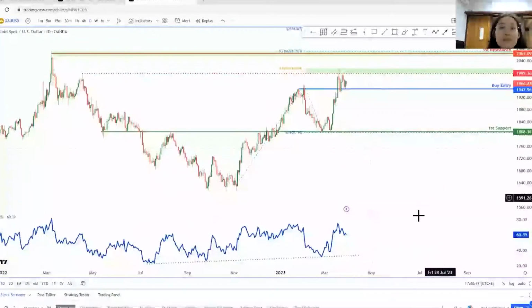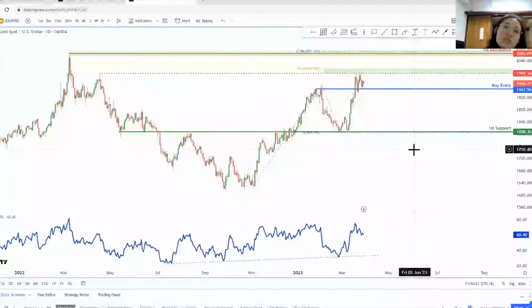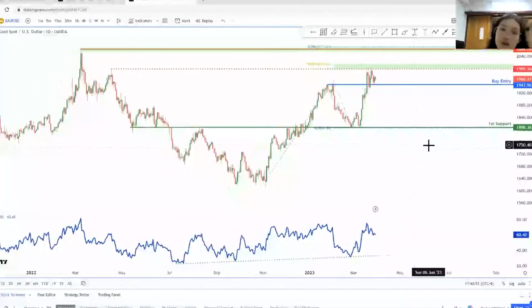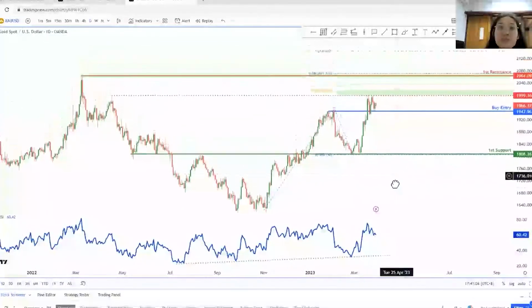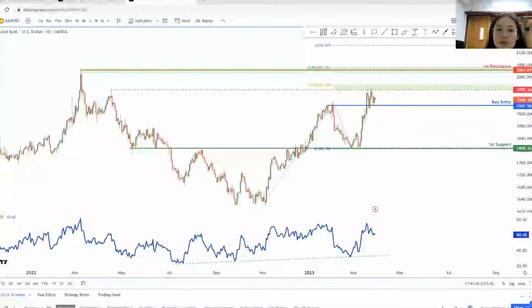Okay. Next, we're going to look for divergences or hidden support and resistances.